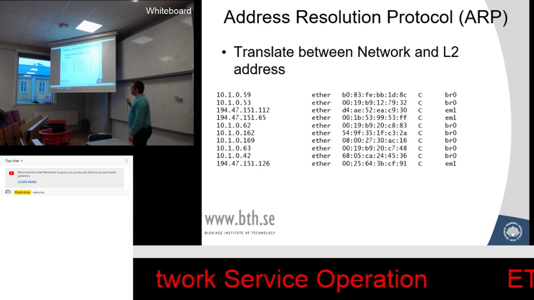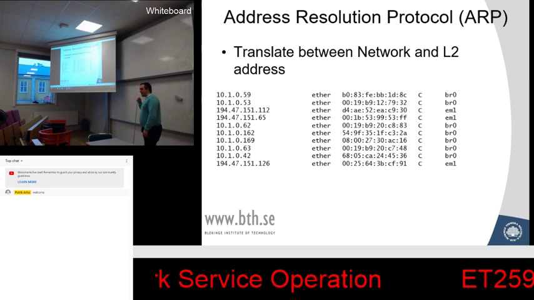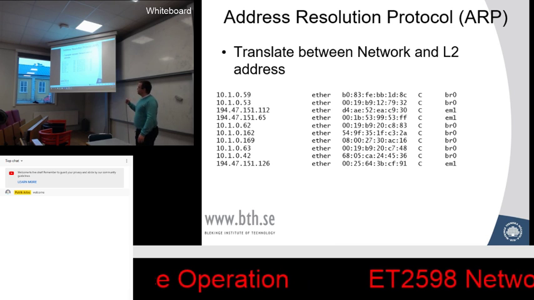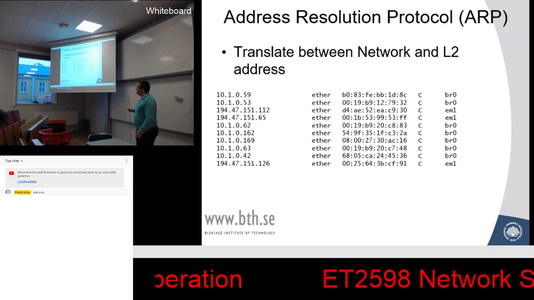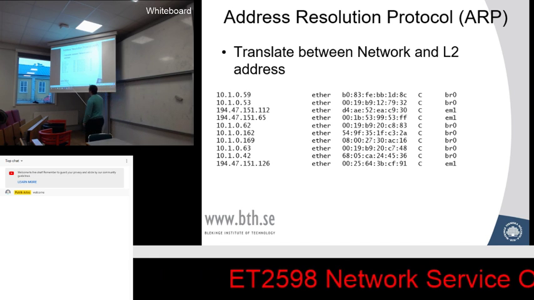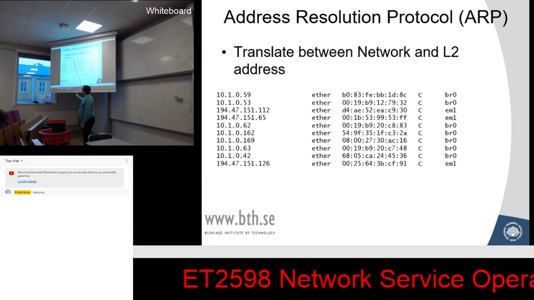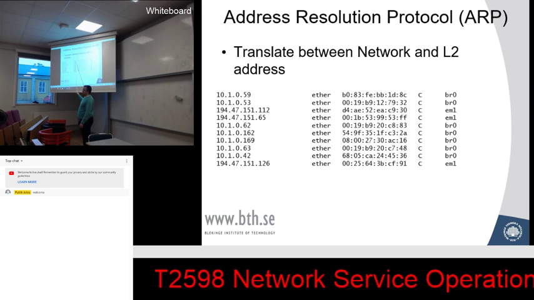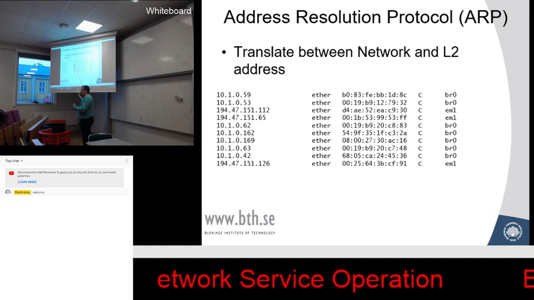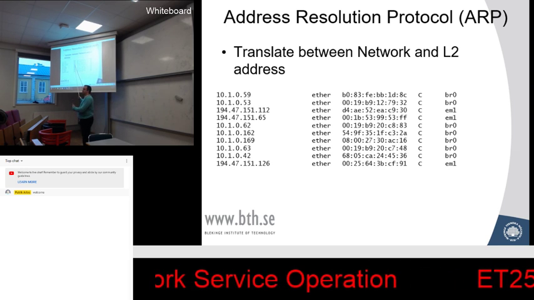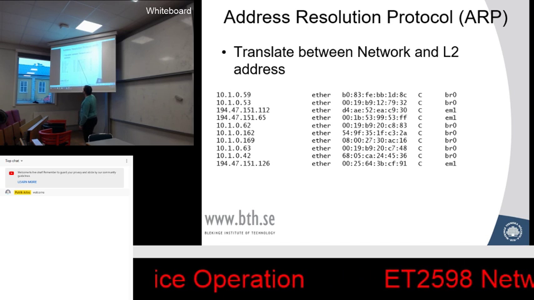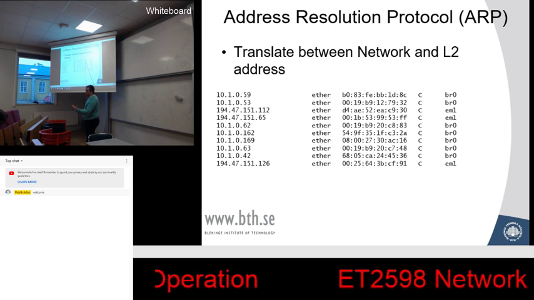This is an example of an ARP cache that happened to be on, I think it was on my computer a year ago. So basically, it's a table. It's an IP address. Then the type of layer 2, Ethernet in this case. I might have had a token ring or token bus showing up there. Here's the layer 2 address that would be used there.